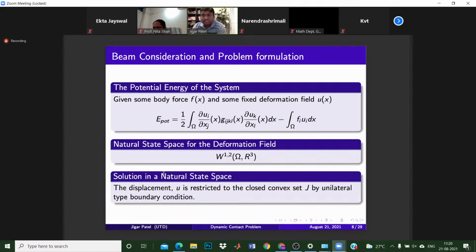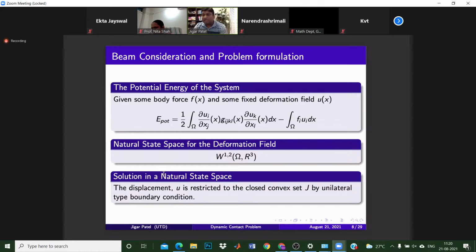The natural state space, where we are trying to find our solution, is a Sobolev space. So the Sobolev space W^{1,2}(Omega, R^3) is the space where we will be trying to find the solution to this static problem.